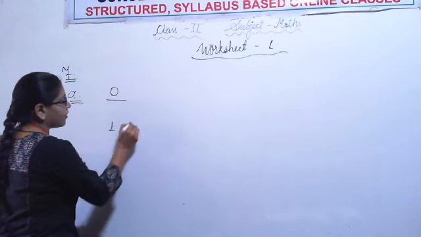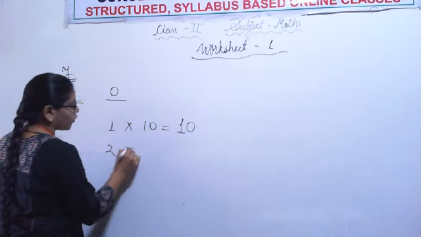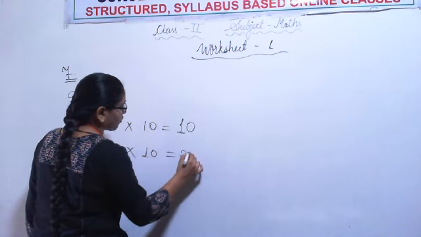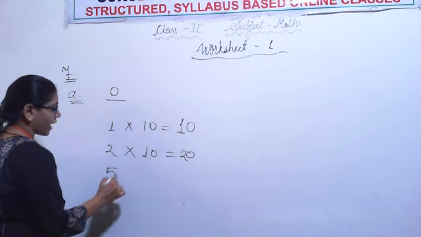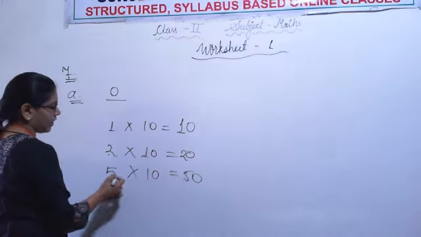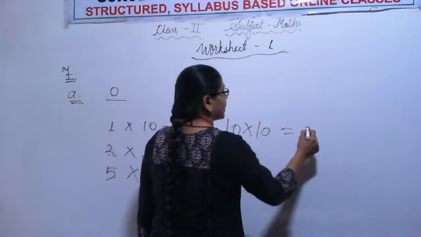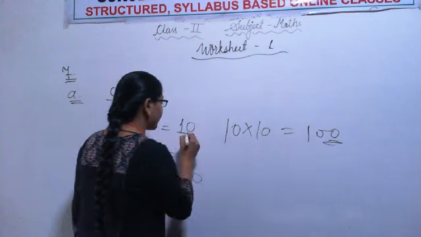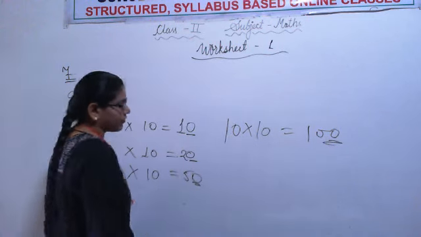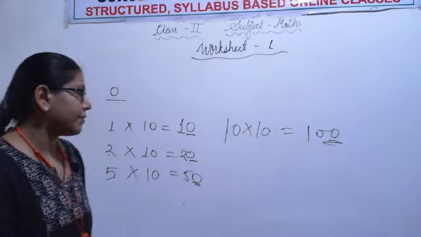For example, 1 into 10 is equals to 10, 2 into 10 is equals to 20, 5 into 10 is equals to 50 because 5 tens are 50, or 10 into 10, 10 tens are 100. See, every product has 0 at the end. So our answer here will be 0.